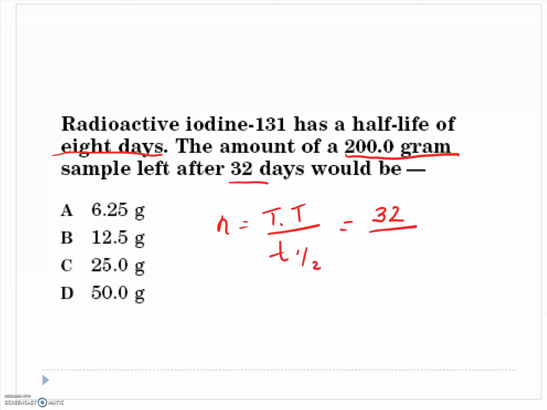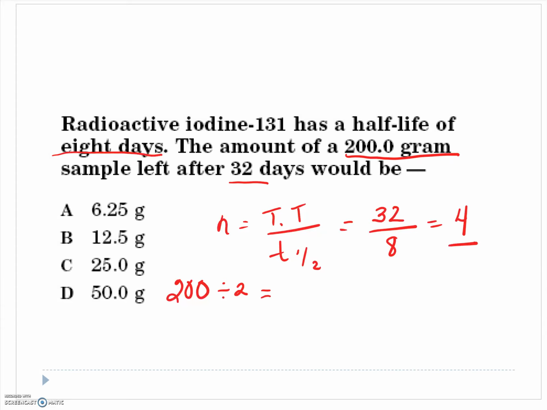The half-life is 8 days, so 32 divided by 8 is 4. This tells me we're going to take our sample through 4 half-lives. So why 4 half-lives? We're going to have to divide by 2 four times, because it's the amount of time it takes the sample to decrease by half.